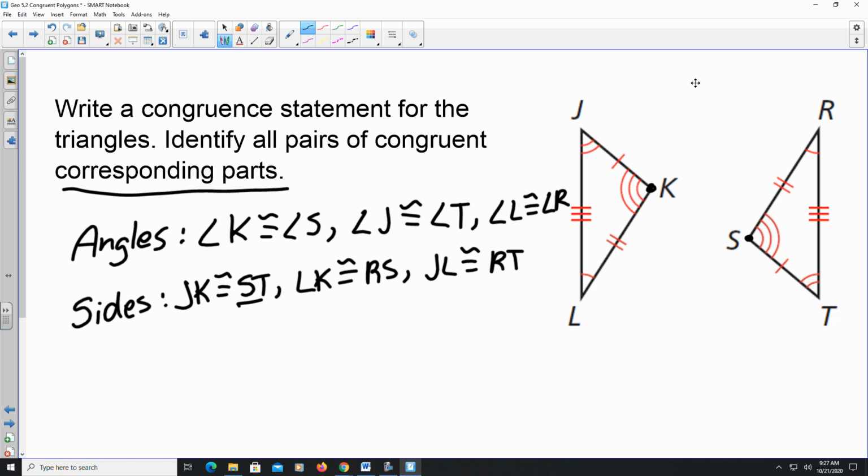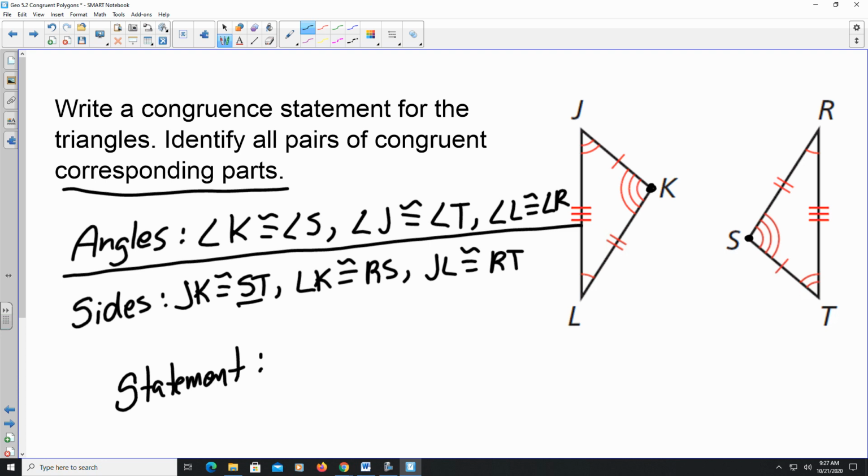All right, so now we get to write our congruency statement. In this case, we have to be consistent with the order. The order of the first one is going to have to line up with the second one. So I would say it's probably easier to look at the angles in this particular instance.